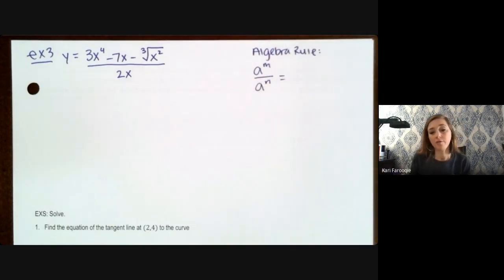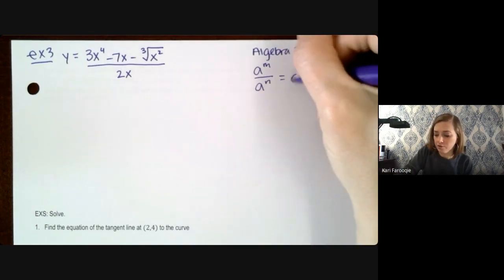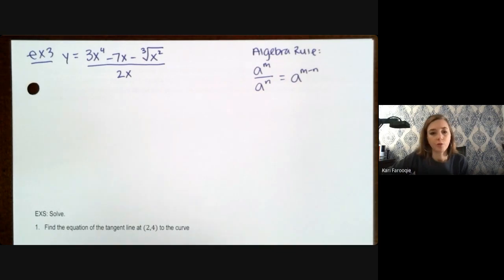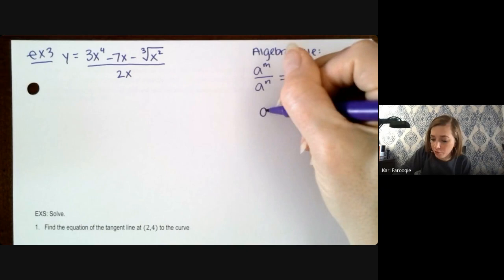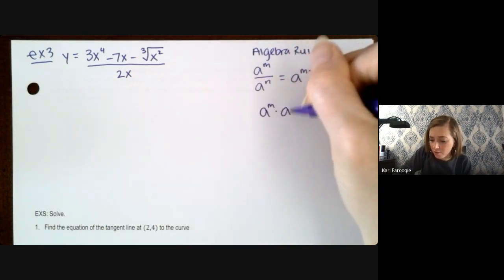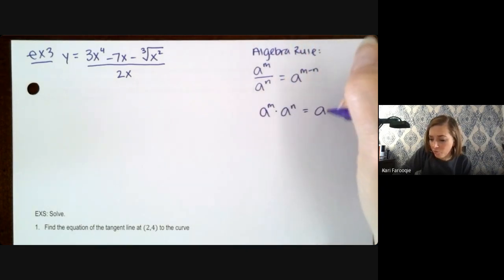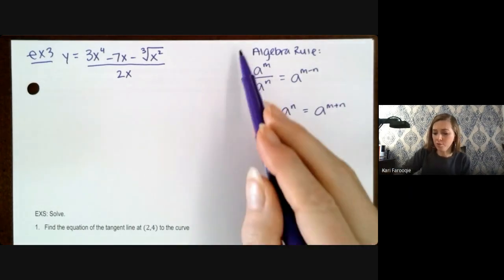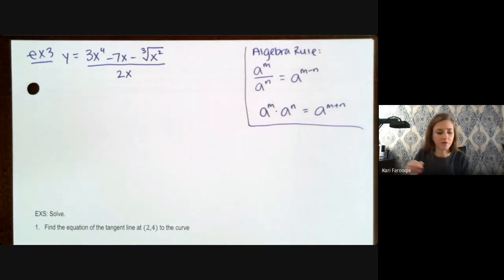If you have the same base and you are dividing, you subtract the exponents. So that's a rule we're going to use quite a bit. The counterpart to that rule would be if you are multiplying with the same base, you add the exponents. I don't know if we're going to use that for this particular problem, but that's a really important algebra rule that you're going to need throughout this whole simplify and find the derivative lesson.